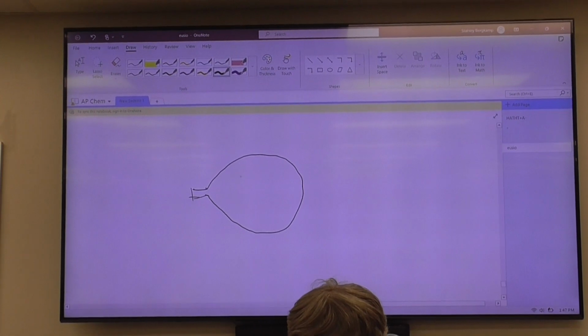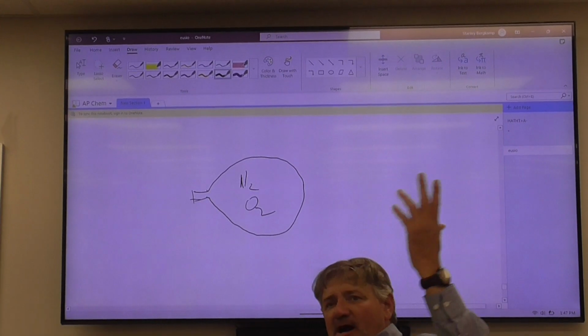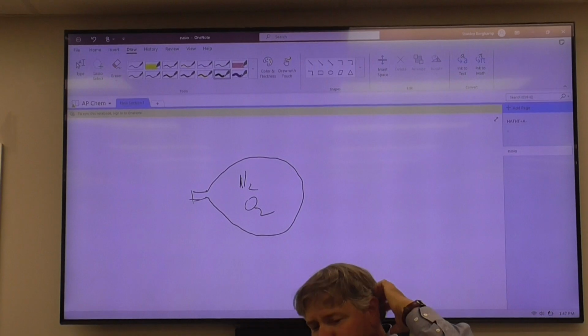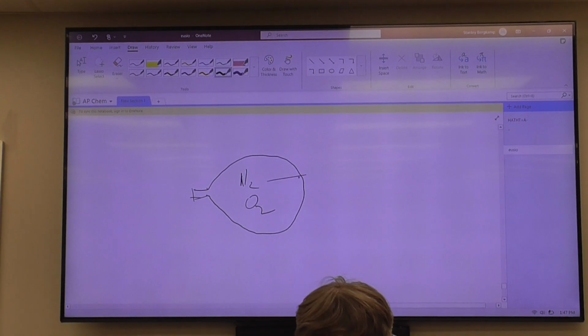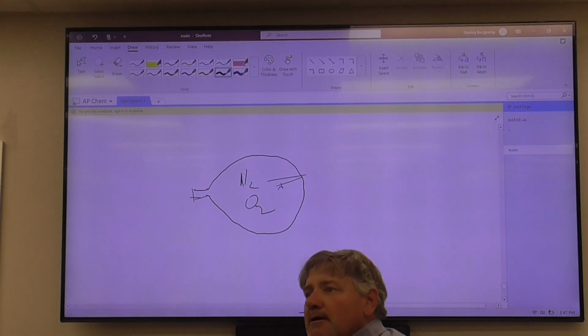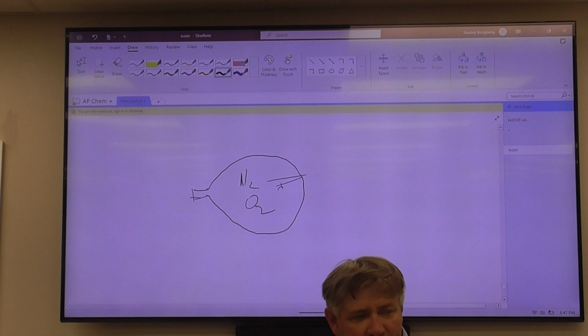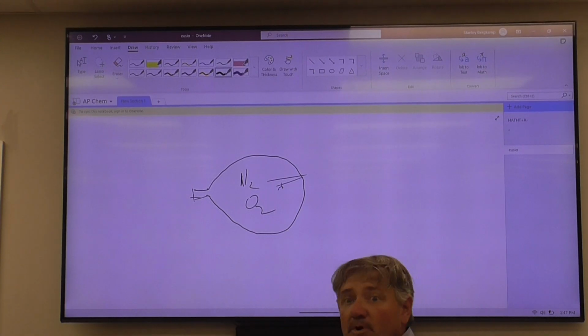So here's Nettie, the nitrogen molecule, and Ollie, the oxygen molecule, which makes up the vast majority of our air. Every time one of these particles hits and bounces back, you have to have a force. Why do you have to have a force when it bounces off? Because what are you doing?